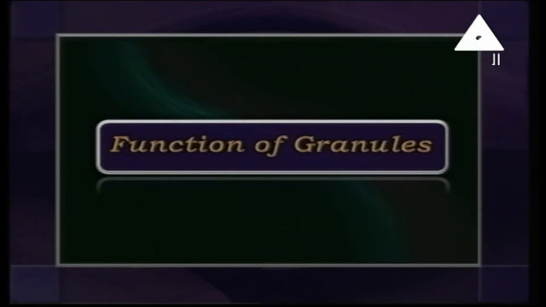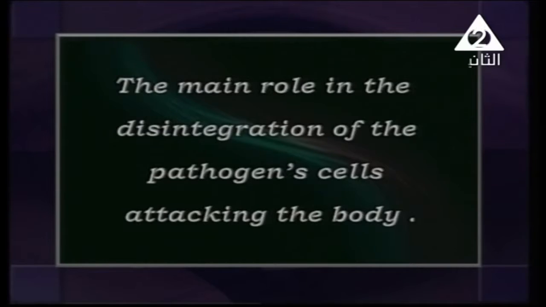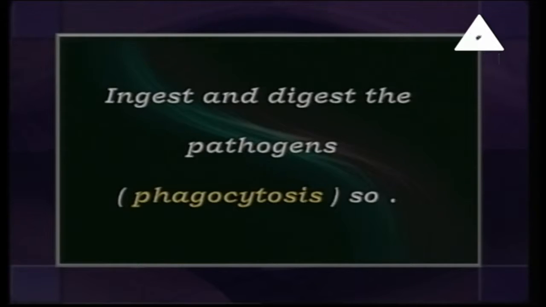What about the functions of these granules inside the white blood cells? Well, the main one is the disintegration or destroying of the pathogens, the cells that attack the body, and they also ingest and digest the pathogen. Digest means they have already digested them. They are a kind of phagocytosis.